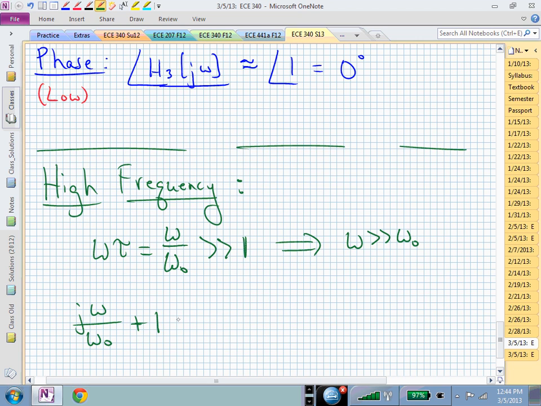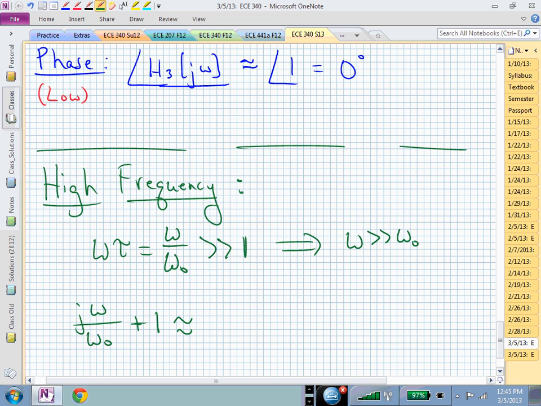So what does this look like? This complex number, how can we approximate it, or can we approximate it when the imaginary part is much bigger than the real part? Now we're saying we have 1 plus j10. And we're just going to say, oh, that's basically j10.